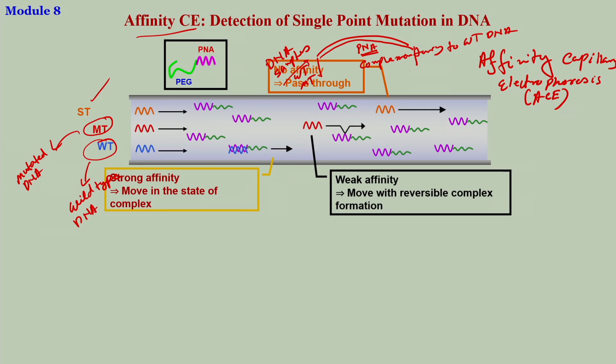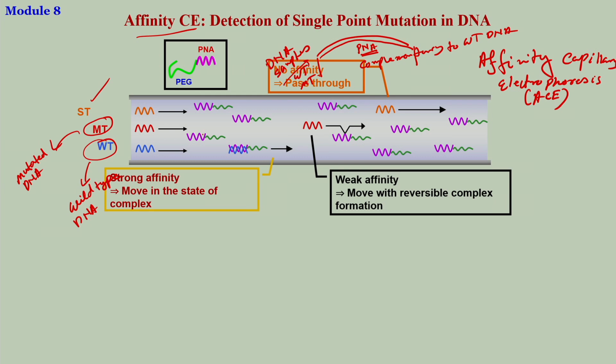So, this is wild type. Wild type forms, so this is my probe PNA with PEG. Wild type is perfectly hybridized, and you have a bulky polymer attached to it. So, it is now a complex and the whole complex is moving. Obviously, the movement would be slow because it has high size.